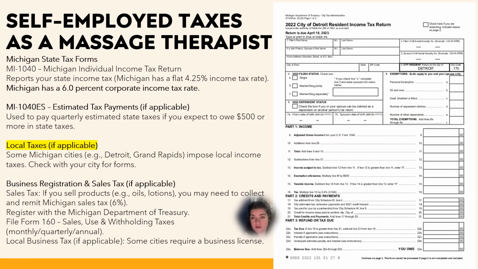Right, guys, I just also want to mention if you are in a metropolitan area, there are some Michigan cities that impose local income taxes for the city area. You need to check with your city for the forms. I know that when I file with TurboTax, this is not a paid advertisement, I just happen to like TurboTax for ease of use for me.